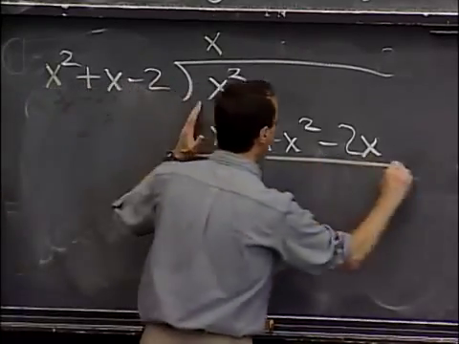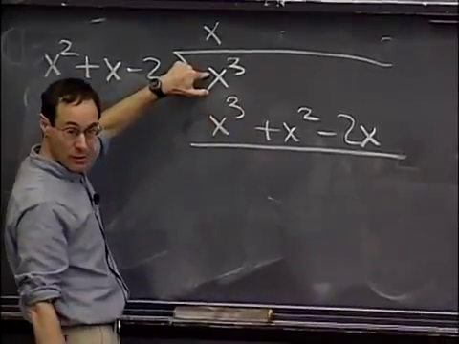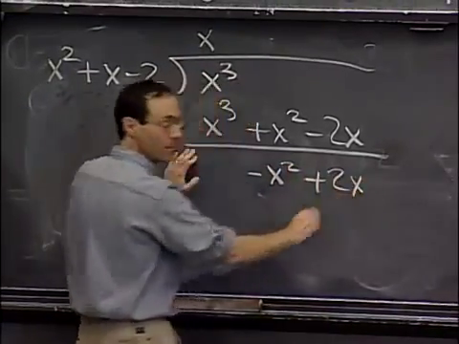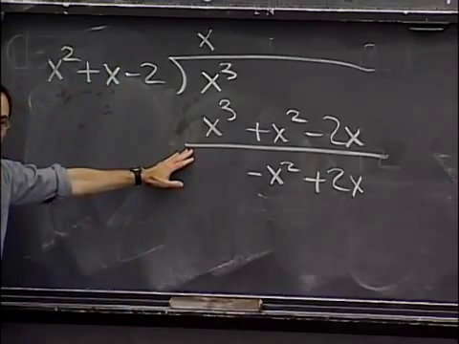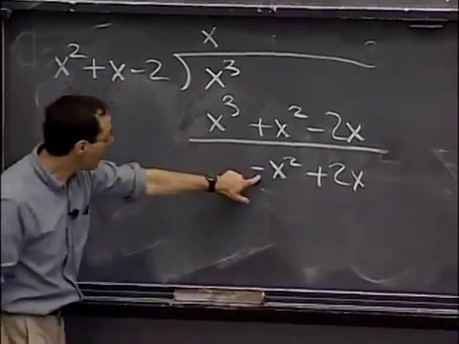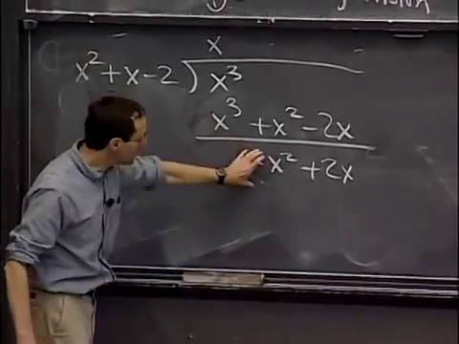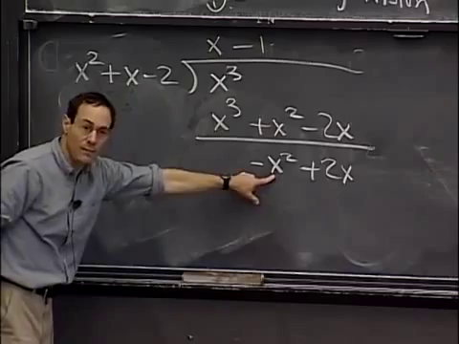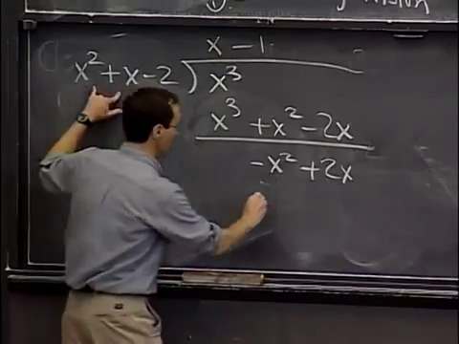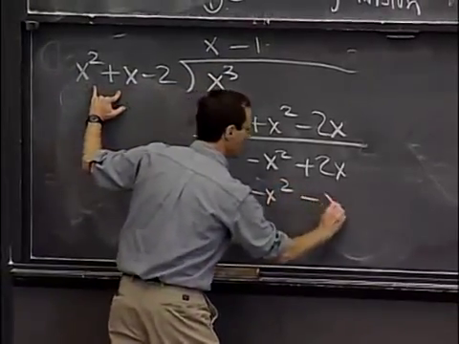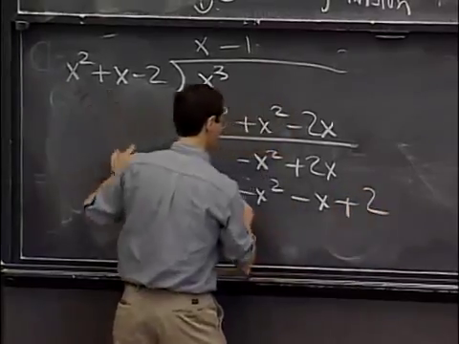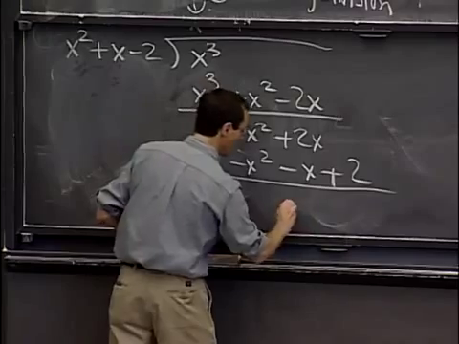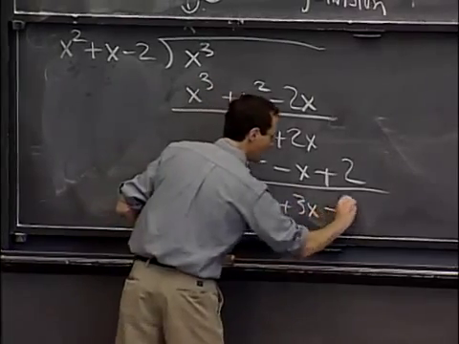And now I subtract, and it cancels. So we get here minus x squared plus 2x. That's the difference. And now I need to divide this next term in, and I need a minus 1. All right? So minus 1 times this is minus x squared minus x plus 2. And I subtract, and the x squareds cancel, and here I get plus 3x minus 2.